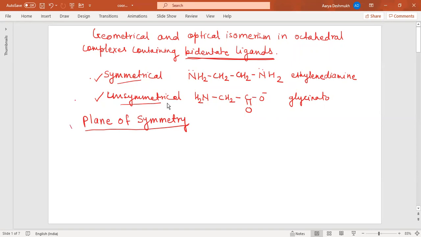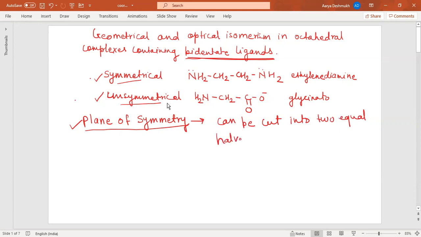If a molecule has a plane of symmetry, that molecule can be cut into two equal halves.